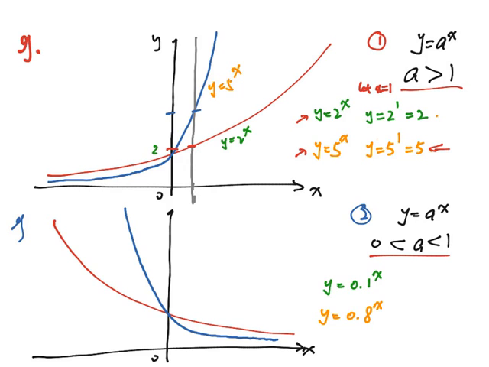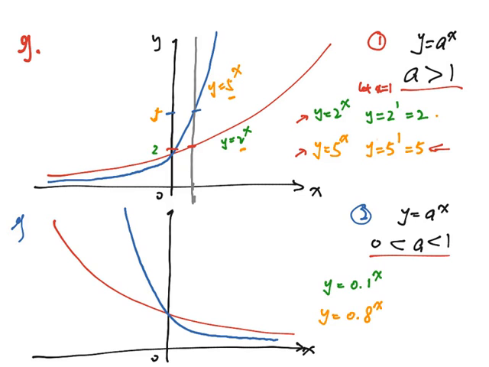You can see it's 2. This one is 5. So there's a conclusion. That means the bigger the base, the closer to the y-axis. At the same time, the smaller the base, the farther away from the y-axis.